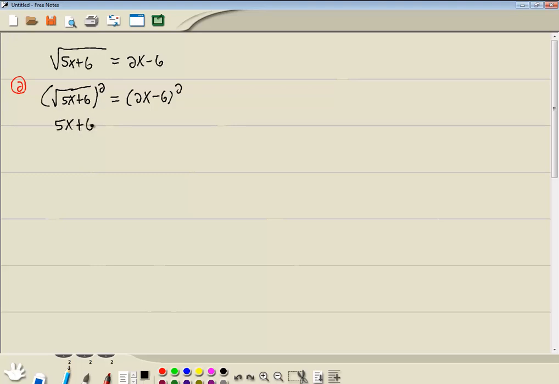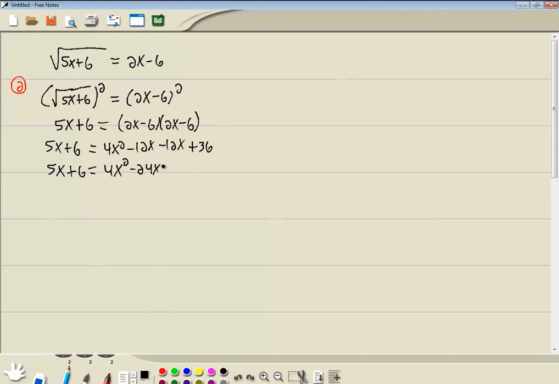So that gives us 5x plus 6. 2x minus 6 squared is 2x minus 6 times 2x minus 6. 2x times 2x is 4x squared. 2x times negative 6 is negative 12x. Negative 6 times 2x is negative 12x. Negative 6 times negative 6 is positive 36. So we got 5x plus 6 is equal to 4x squared, negative 12x, negative 12x is negative 24x, plus 36.